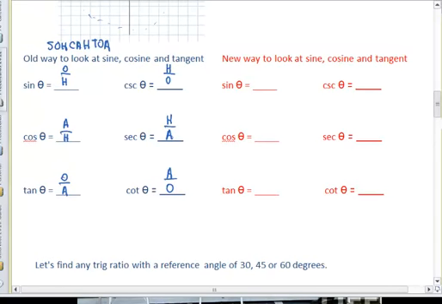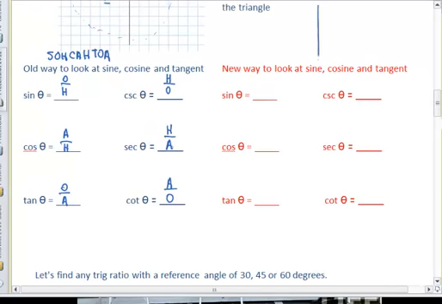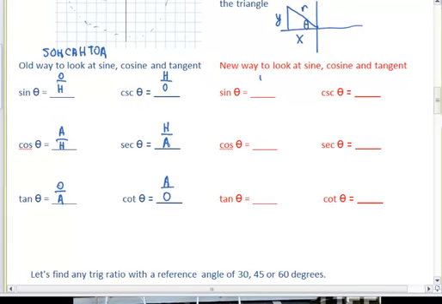But now if you consider it using coordinates, and we consider an angle in standard position, I'll just go back to the triangle we had before. Here's theta. This was a y side, this was an x side, and this was the radius. You can consider the sine of the angle to be y divided by the radius. The cosine was x divided by the radius, and the tangent was y divided by the x-coordinate.